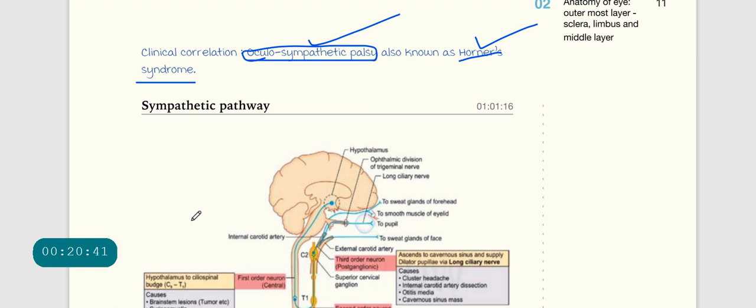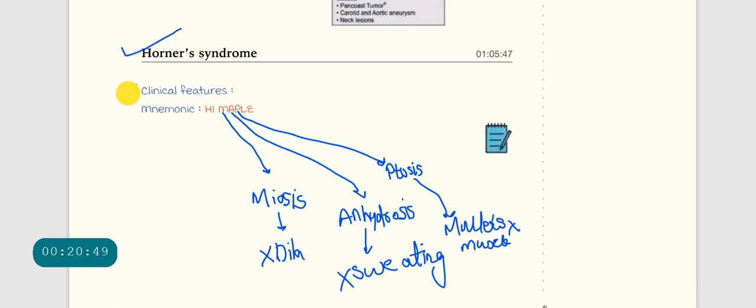It includes HI, Maple. This is the mnemonic. The first thing occurring in this syndrome is miosis, as there is no dilation, due to which it causes miosis.